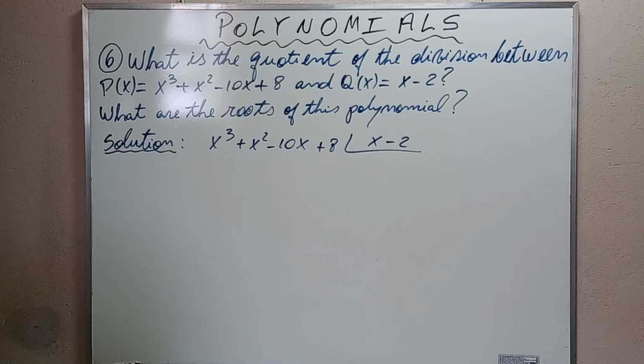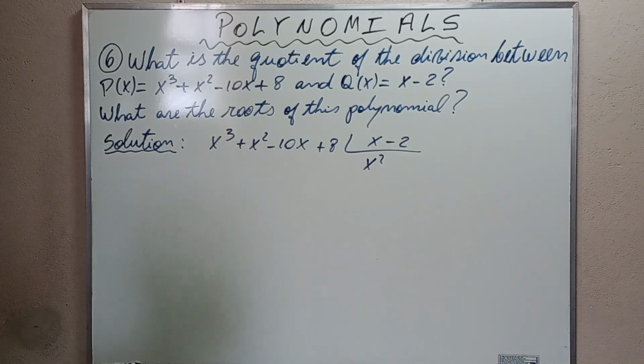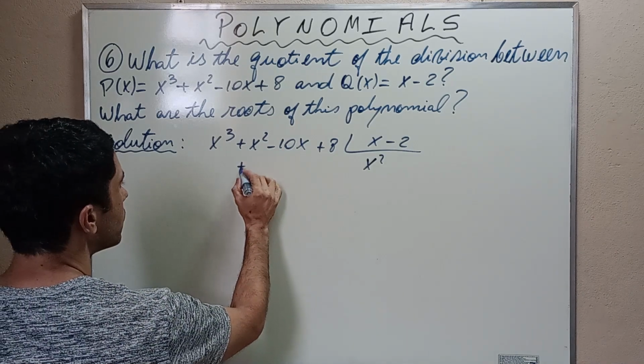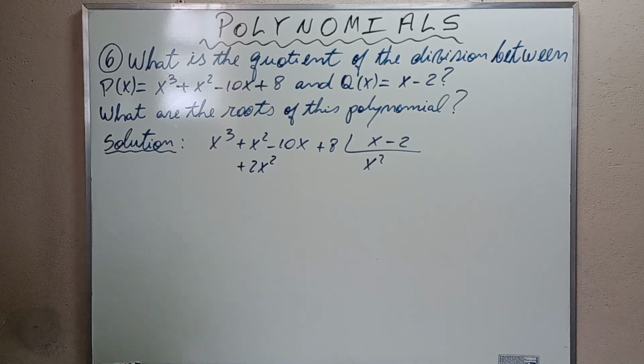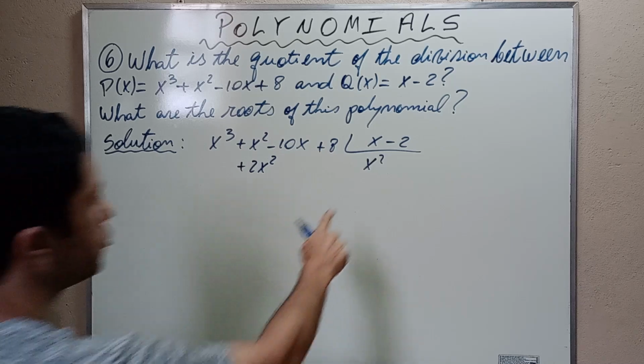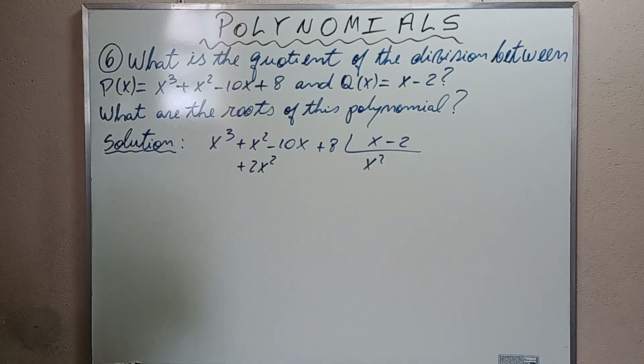X cubed divided by x is x squared. X squared times negative 2, negative 2x squared, pass to the other side, positive 2x squared. X squared times x is x cubed.